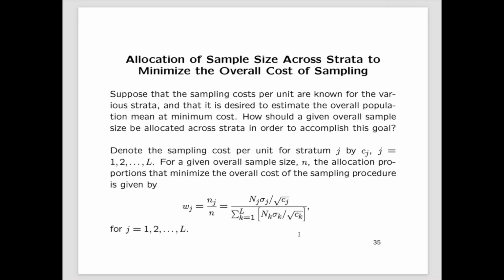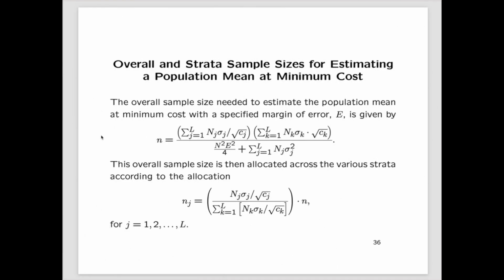So we're again calculating these allocation ratios, but in this case, instead of minimizing the variance of mu hat, we're minimizing the cost associated with sampling. Now the overall sample size needed to estimate the population mean at minimum cost with a specified margin of error, cap E, is given by this formula here.